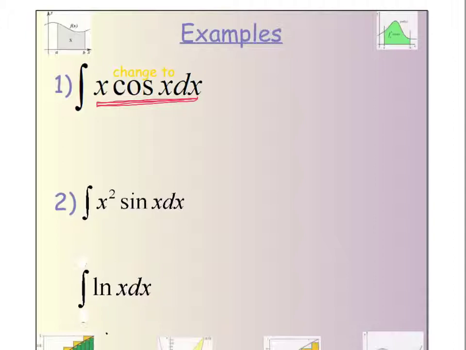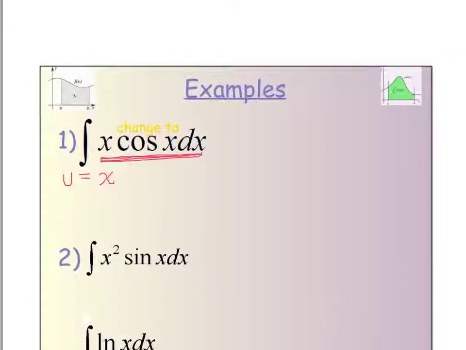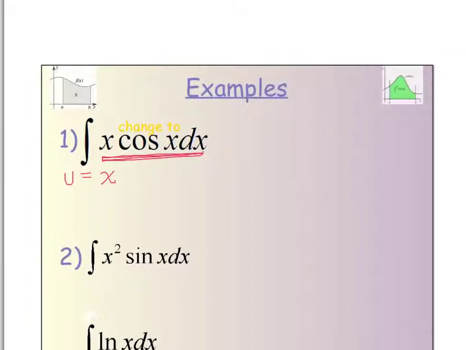We start by letting u equal, well, is there a log function? Nope. Inverse trig? Nope. Algebraic? Yes. My algebraic function is x. Now, if you remember that formula we have for integration by parts says that the integral of u dv is equal to uv minus the integral of v du.